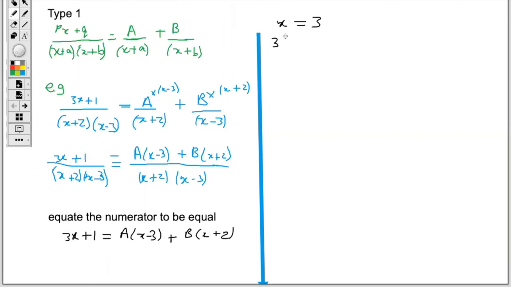So I'm going to replace x with 3. So I have 3 times 3 plus 1 equals a times 3 minus 3, plus b times 3 plus 2.